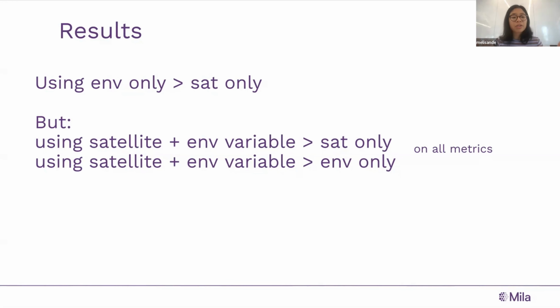This goes to show that there is some complementarity between environmental data and satellite imagery. So satellite imagery is not going to replace the traditional things like precipitation and temperature, because they are really good indicators of whether a species can develop in a certain environment. But satellite imagery really adds something to it.